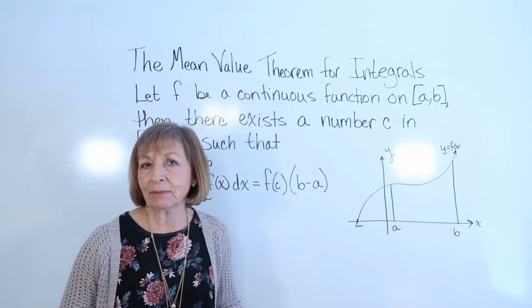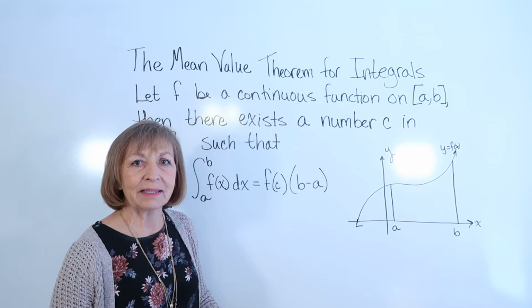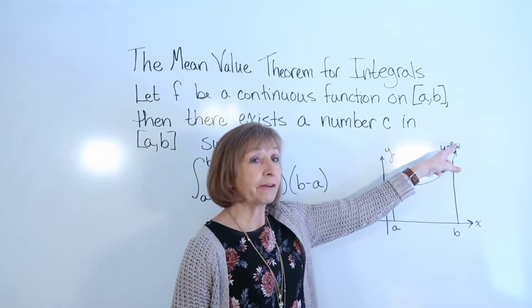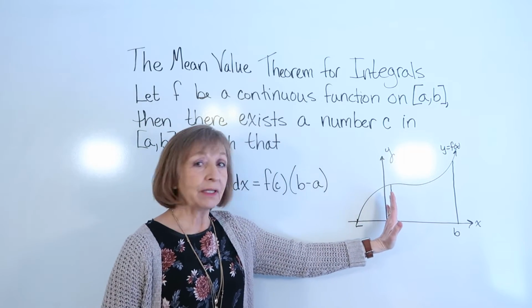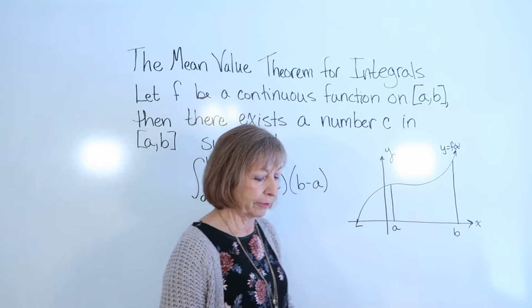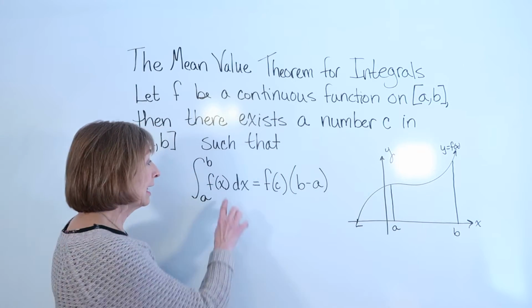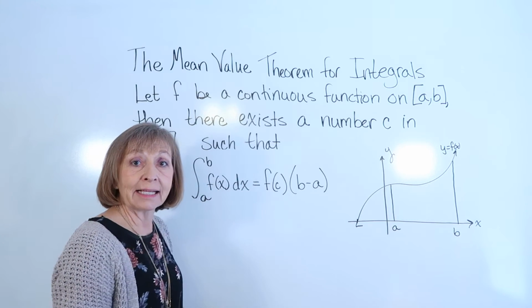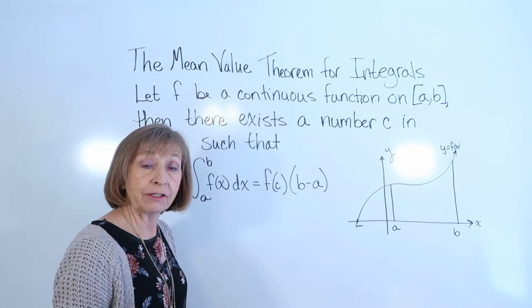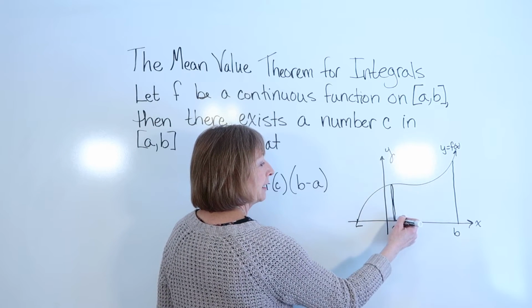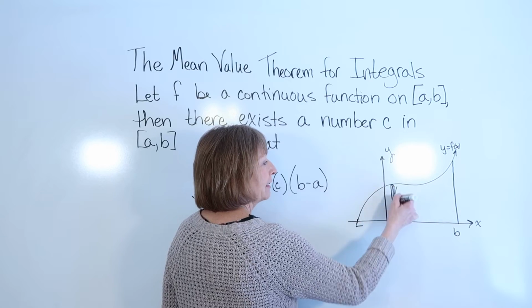Now let's see how this makes sense when we think of it graphically. Over here I've graphed a function and I've denoted the vertical line starting at a, ending at b, so over my interval. Now recall the definite integral from a to b of f of x dx adds up all the function values. So from the x-axis to the function, it adds up all of these values.